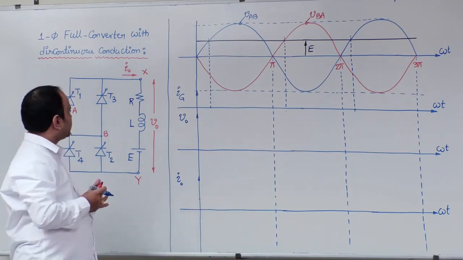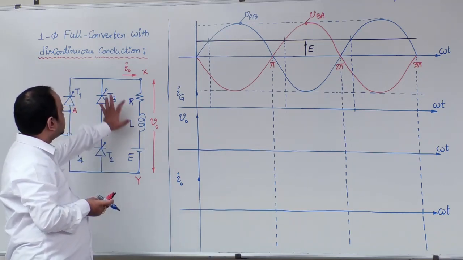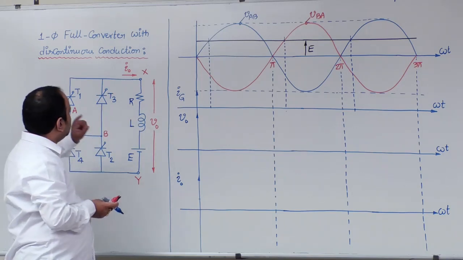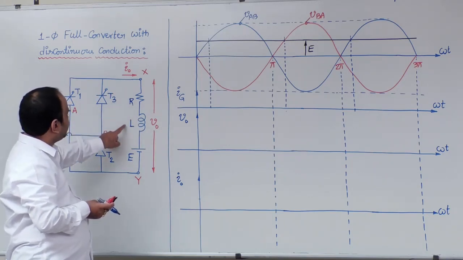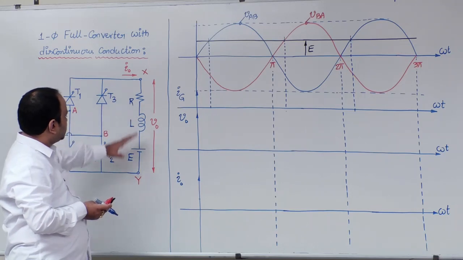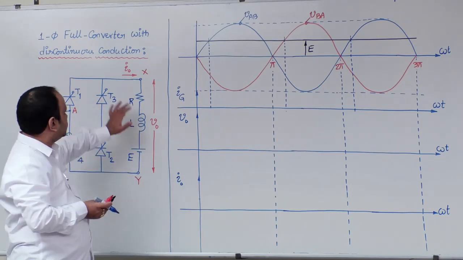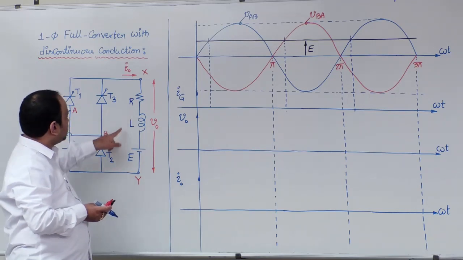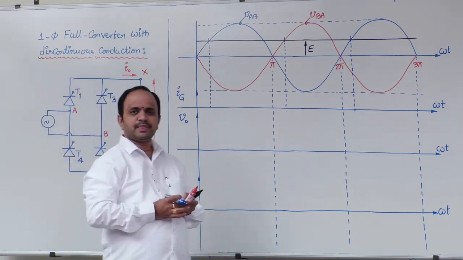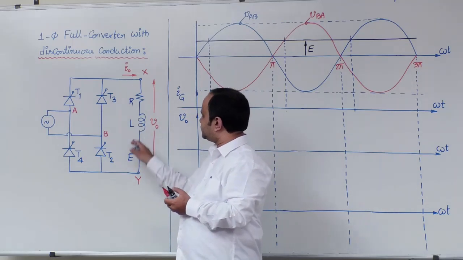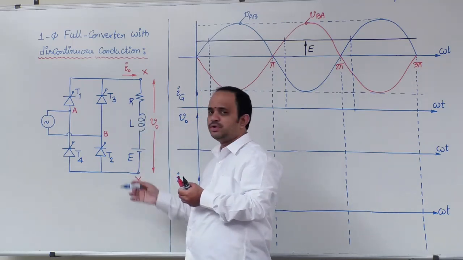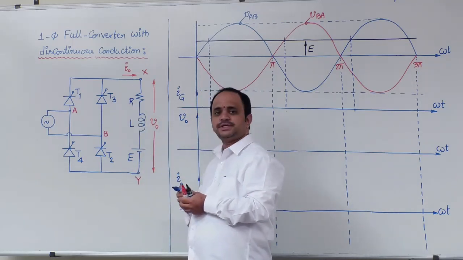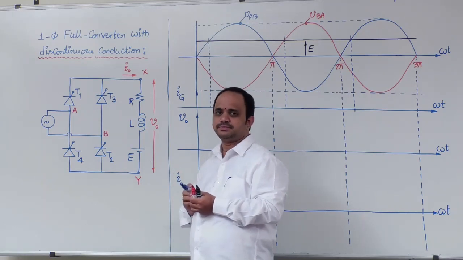What do you mean by discontinuity? We'll see now. Whenever you are discussing discontinuous conduction, you should specify the load parameters. Now observe carefully, the notation in the circuit diagram is changed. I have considered load parameters because discontinuous conduction is possible with all types of loads. That means with RLE load it is possible, with RL load it is possible, and with R load it is also possible.